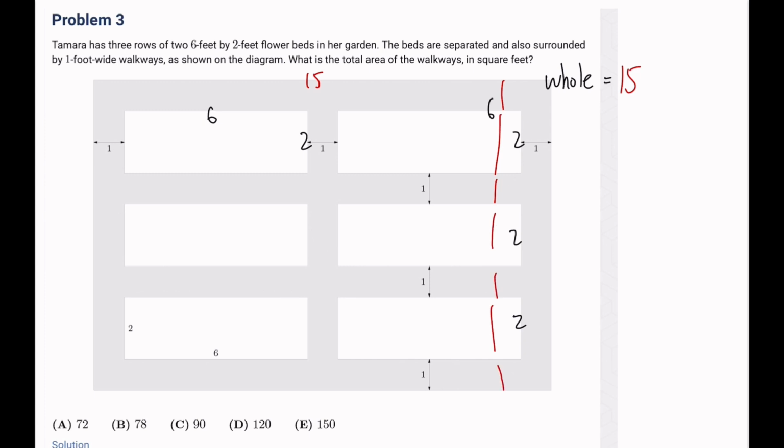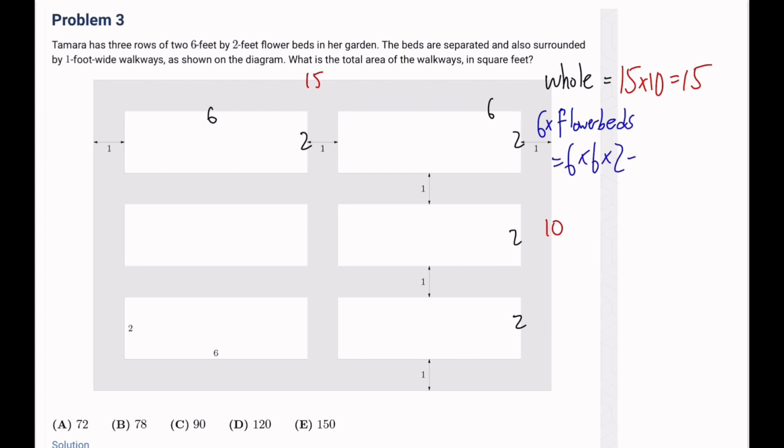And so that gives us 3 times 3 plus 1, so that is 10. And so 15 times 10, which is 150, and 6 times the flower beds, right? And each flower bed is 6 and 2, right? So this is 6 times 6 times 2. This is 36 times 2. Sorry, I forgot to put a 0 at the end. And so this is 72. And so the total area of the walkways is 150 minus 72, and this equals 78. So the answer is B.